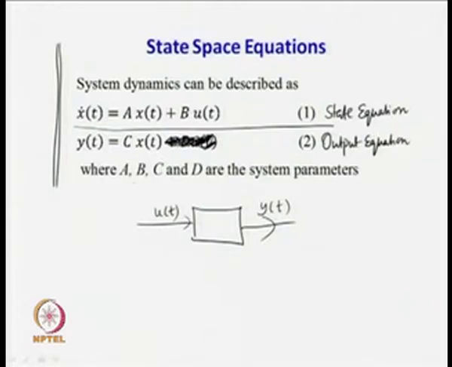Now, A, B, C, D are the system parameters. The dynamics of this system can be given in terms of the state equation and output equation.